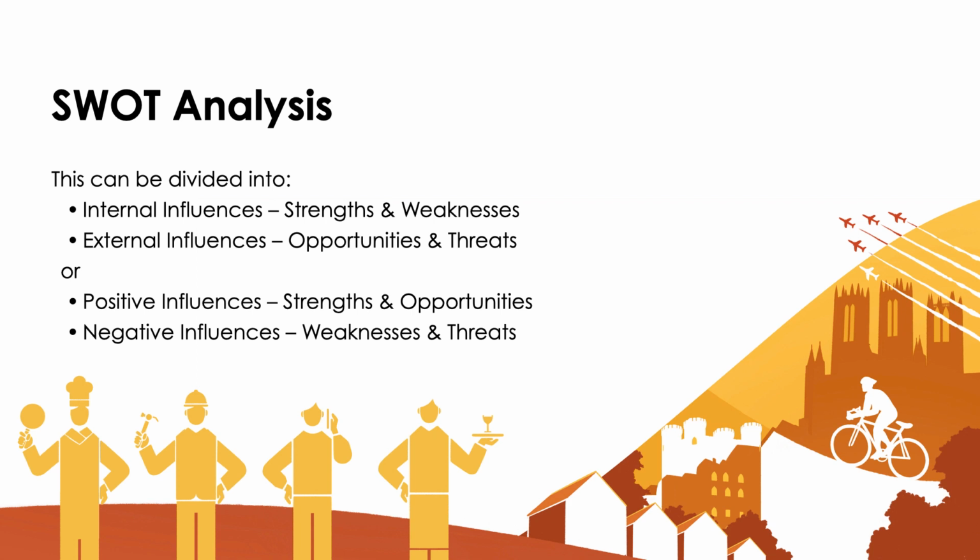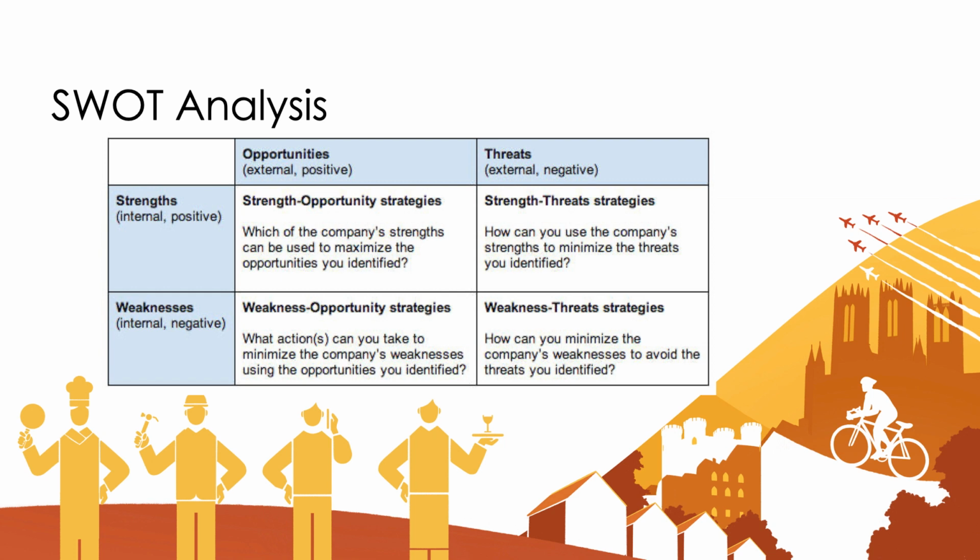Or you can look at it another way. The positive influences are the strengths and the opportunities, and the negative influences are the weaknesses and the threats. And if we look at the chart now, the relationship between strengths and opportunities and strengths and weaknesses.